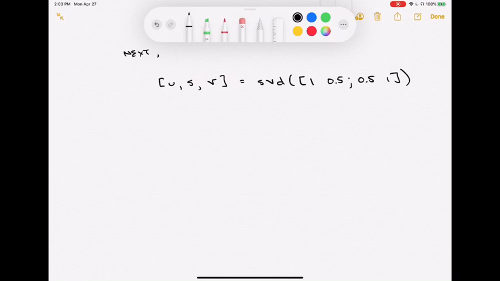So we do the SVD of that covariance matrix, and MATLAB's going to kick out some values. You can easily do this in the MATLAB environment yourself. So from MATLAB, we would get the following things.